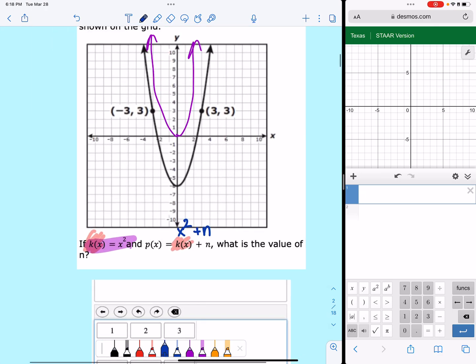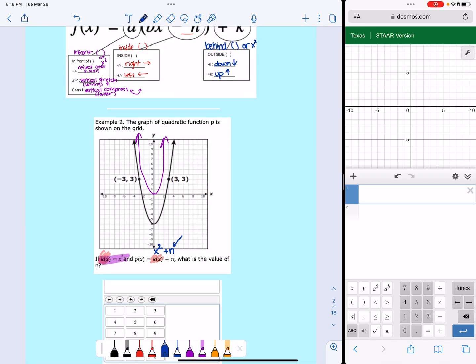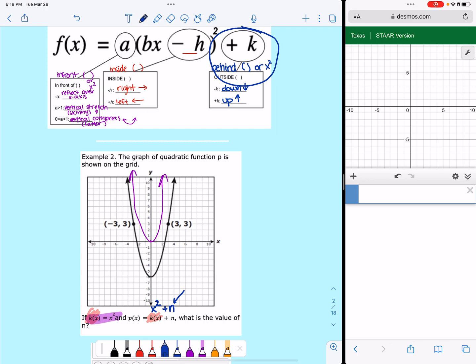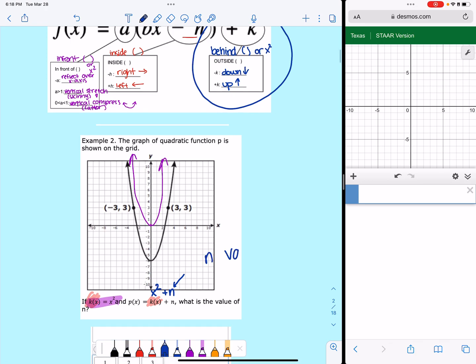I have to think, what does n represent? If we're looking behind x squared, where's behind x squared? Oh, k. K is behind x squared. Our n value is actually k. And k moves the graph up and down.